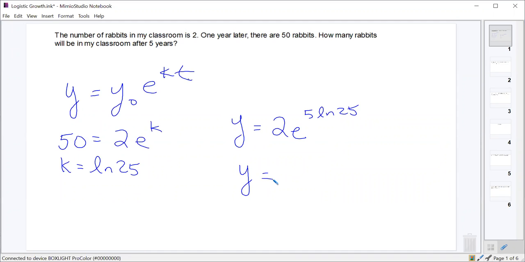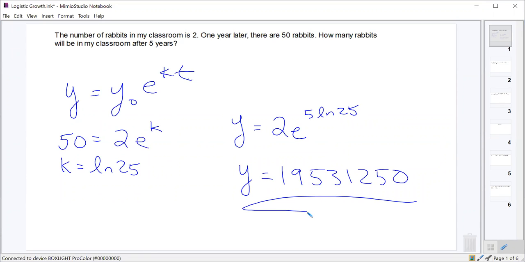Calculator, people. 19,531,250. And we recognize, number one, that this is not sustainable for my classroom, because even with only 4 students in the classroom, I don't think we can fit 19,531,250 rabbits in here.